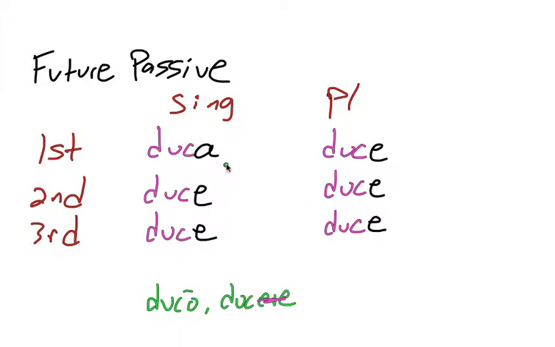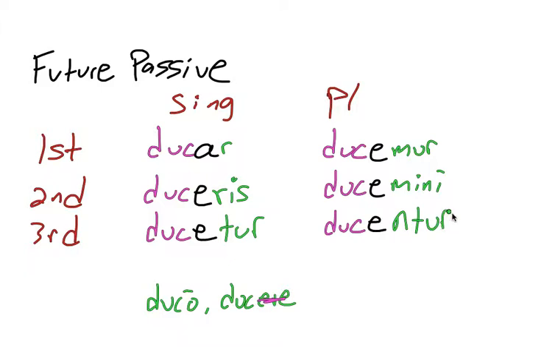And then we're going to add our passive endings, r, ris, tur, mur, mini, ntur. Okay, so it's ducar, duceris, ducetur, ducemur, ducemini, ducentur.